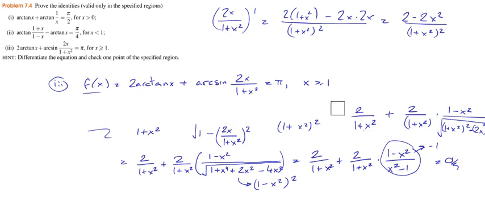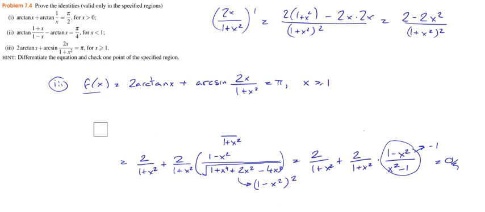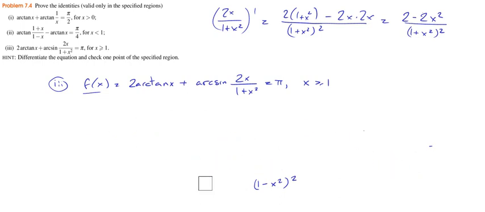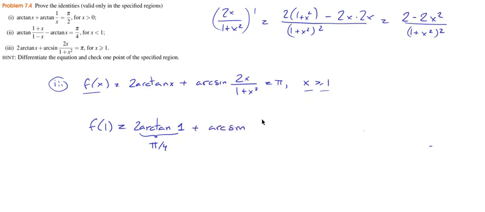Now how do we check that the function actually has that value in the interval? Well, this is valid for x greater or equal than 1. Let's try for 1. So then we have 2 times the arctangent of 1, that as we know is pi over 4, plus the arc sine of 2 divided by 1 plus 1, which is 2, or in other words, the arc sine of 1.